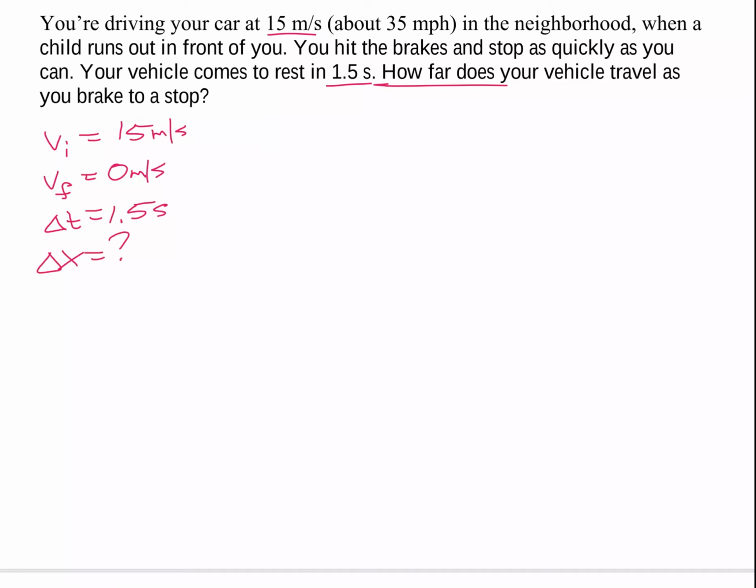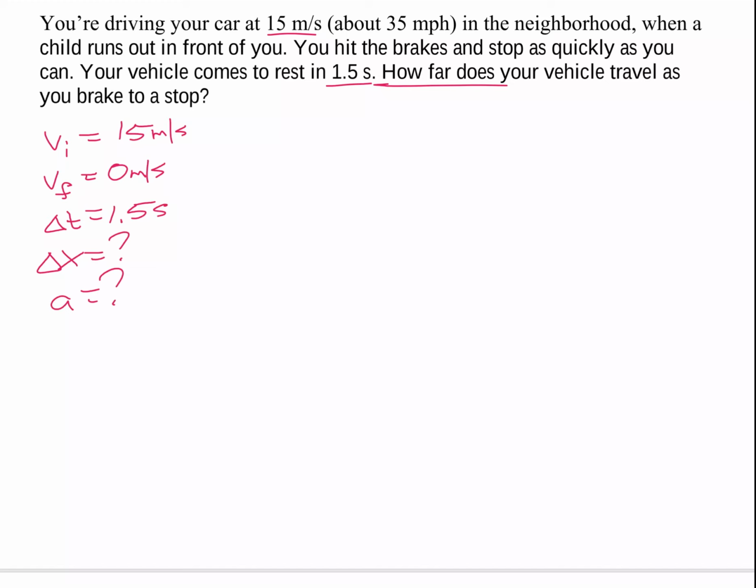Okay? You write down what you know and what you don't know. Now along the way, we might need to calculate something that we also don't know. We don't know how our acceleration was behaving. We don't know anything about our acceleration either, so we write that down.